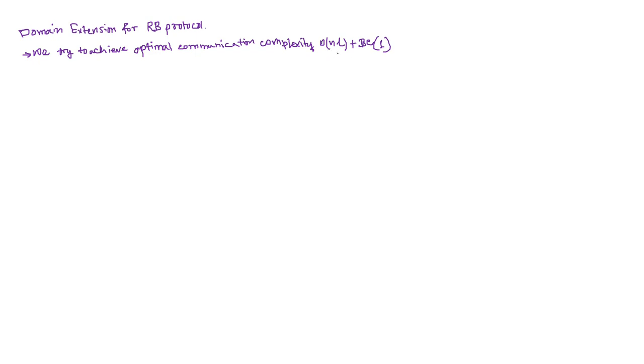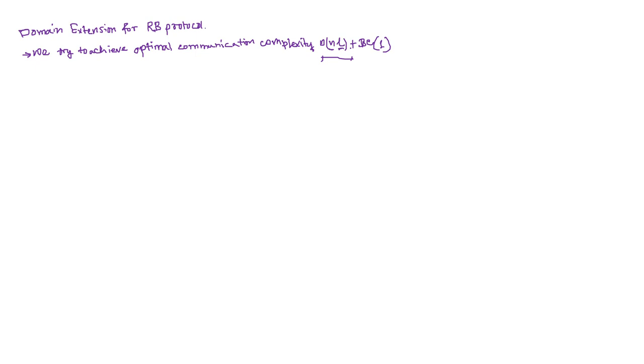Of course N is the number of parties and L is the number of bits to be broadcasted, and this order of NL actually is optimal because for a sufficiently large L, any party as a sender anyway has to send NL bits to make the bit string of length L reach all the N parties in the system.